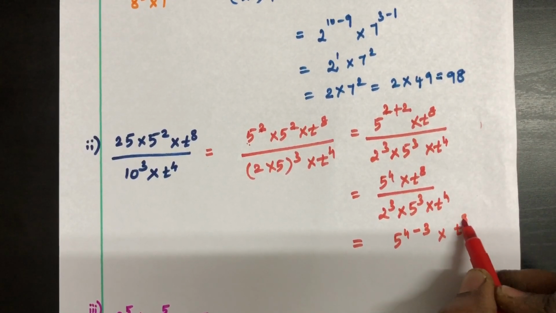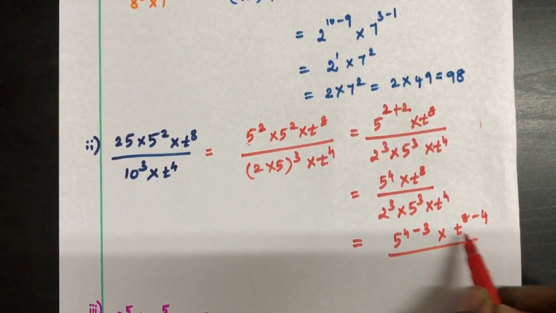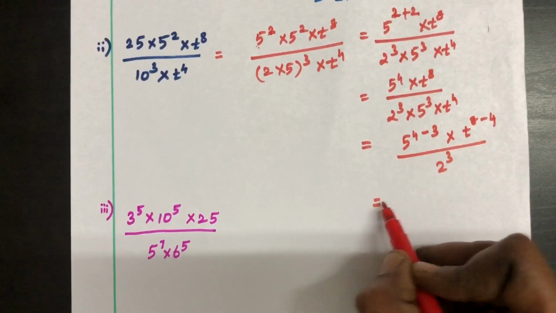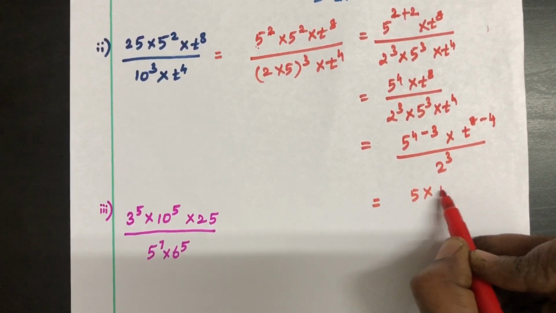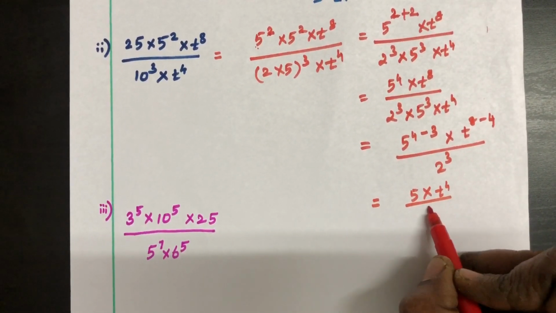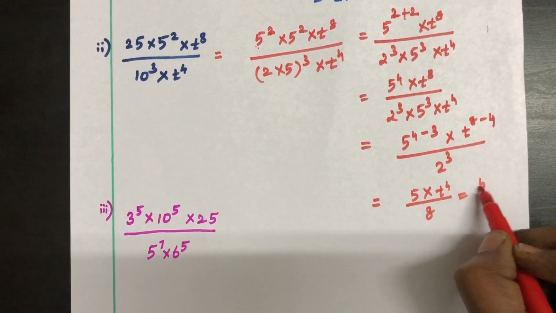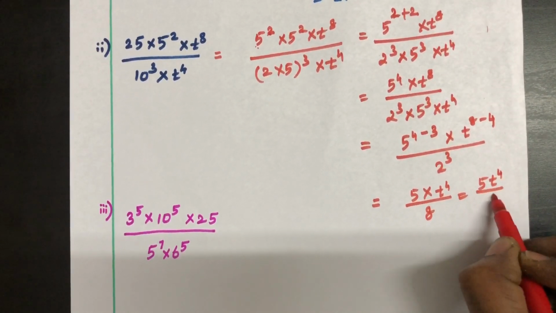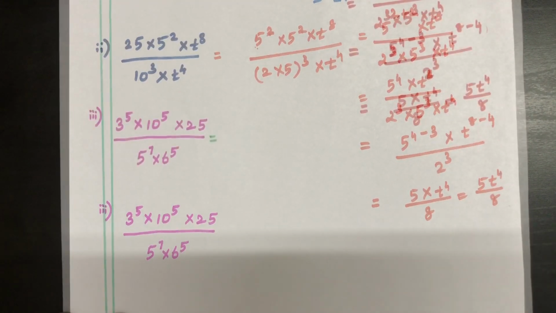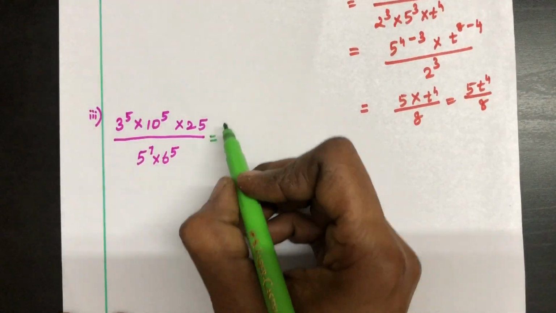Similarly, t power 8 minus 4 divided by 2 cube. This equals 5 into t power 4 divided by 8, which is equal to 5t power 4 by 8. It is the answer.